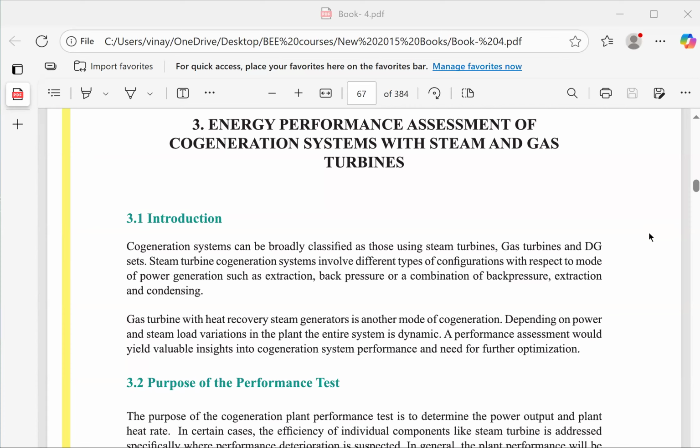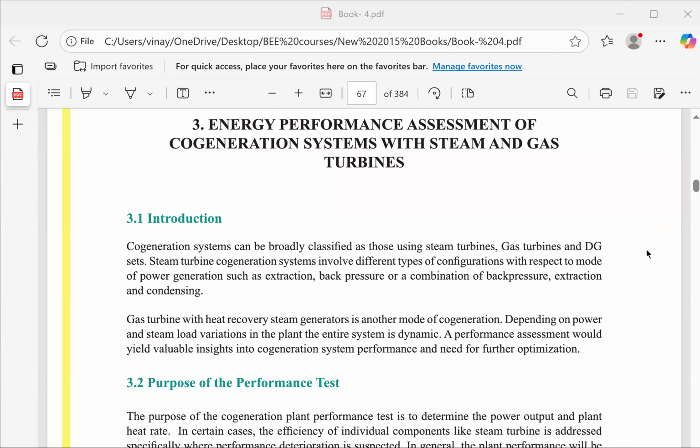We also clarified the concepts: when electricity is produced first, it is the topping cycle. When heat is produced first and subsequently electricity is produced from the waste heat, it is the bottoming cycle. So all these things are already known.